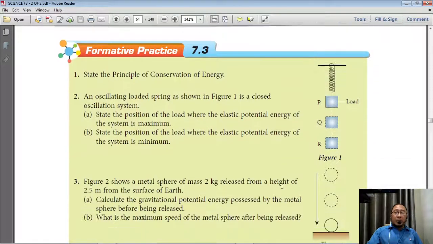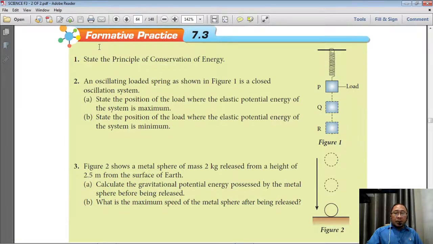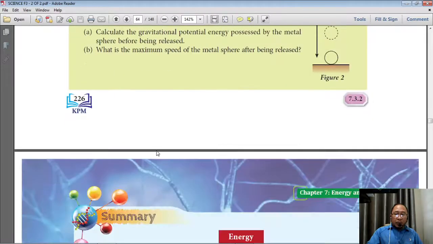I hope you can try to understand. If you can understand a little bit, that is good for you. But to understand this concept better, try to do formative practice 7.3, questions 1, 2, and 3.